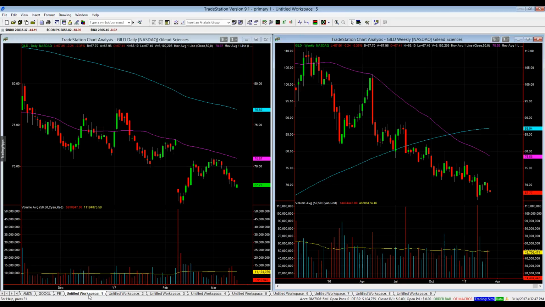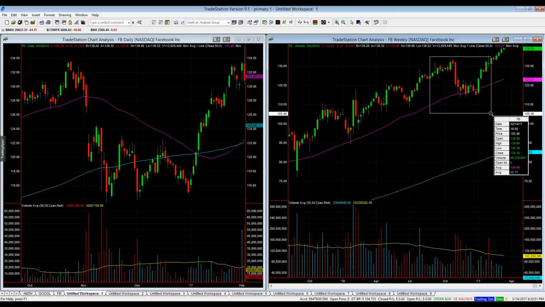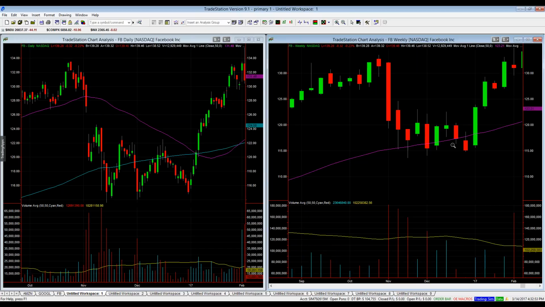If we look at Facebook, it technically does get one or two weekly closes below the 50-week moving average. But the difference between this Facebook and that Gilead is that on those closes, the 50-week is still upsloping.